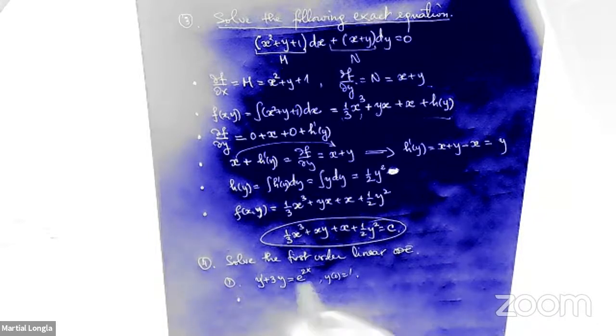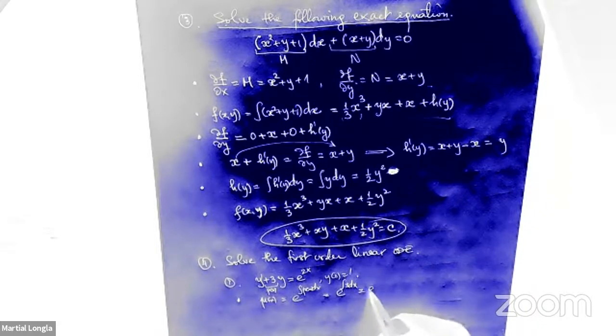First step in there, find the integrating factor. Mu of x is e to the integral of p of x dx. Show work. p of x is 3 here. That's p of x, so that's e to the 3x.